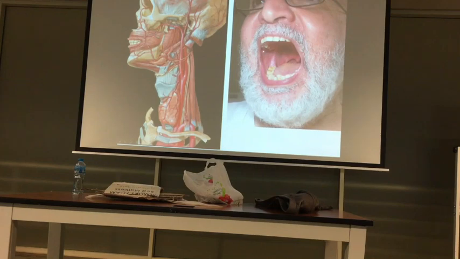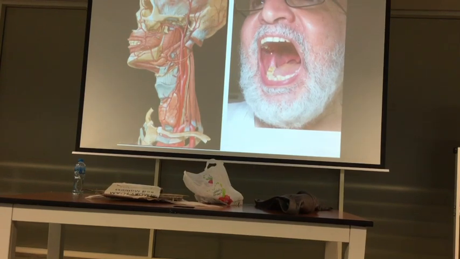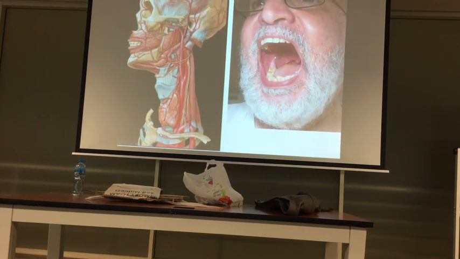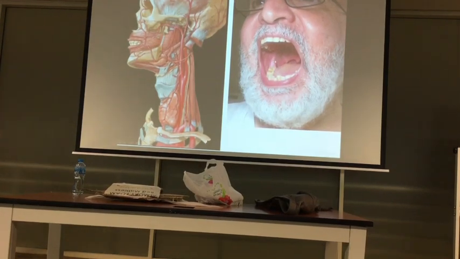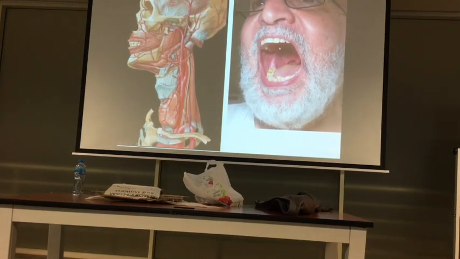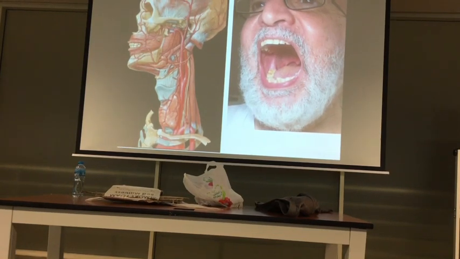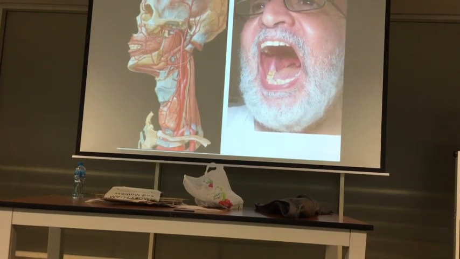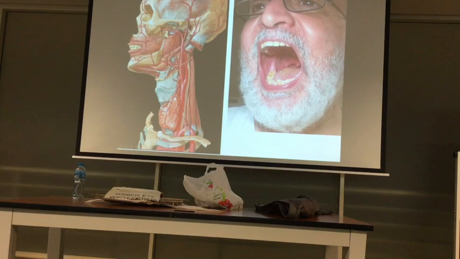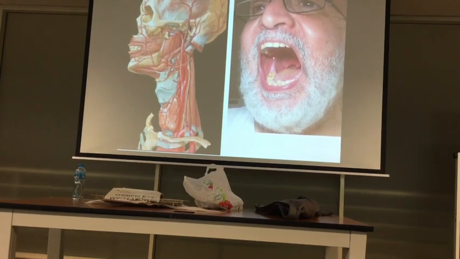And this is here my papilla. Can you see the papilla? Can you see? Yes. Can you see here this? Yeah. This is the pterygomandibular raphe. And here, when my tongue goes back, I feel the hamulus. Look at this. This is the pterygomandibular raphe.